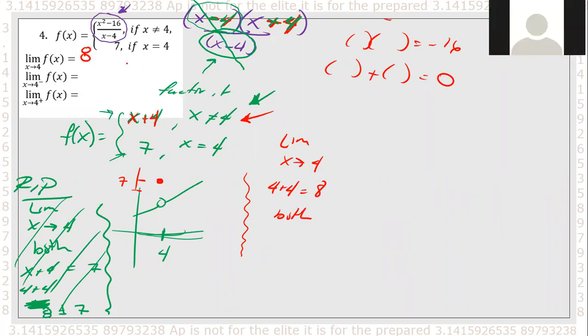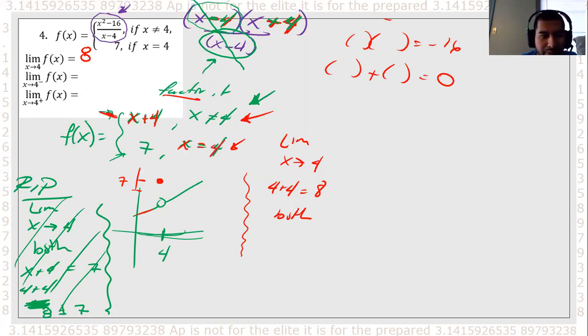So pretty much once you factored it, you got left over with x plus 4, which was linear. All I'm trying to say is that this one is for exactly x equals 4. The other term will be for everything else, left or right. So use the other term because it's not exactly at 4.